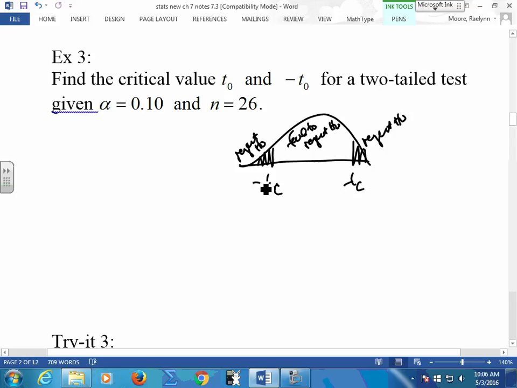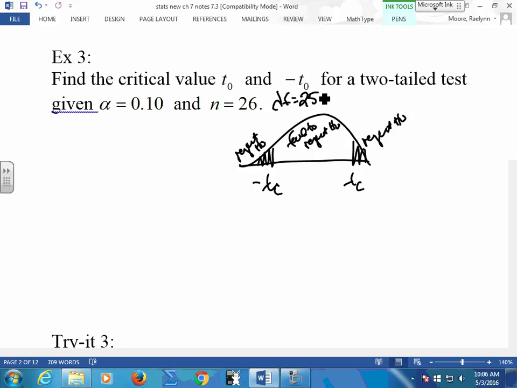Now, degrees of freedom is what? 25. Go to your table and this time follow the row across that says two tails. Two tails. Notice it's a one tail, it's a two tail. You do not have to divide anything. All you have to do is go to the row across the top that says two tail, and all of you should be on page A18.